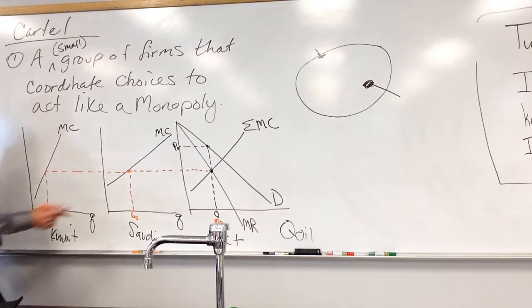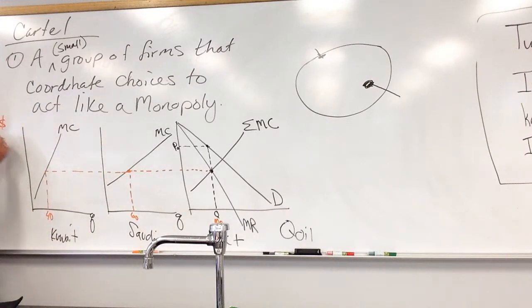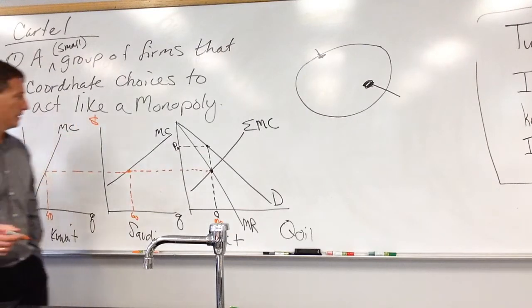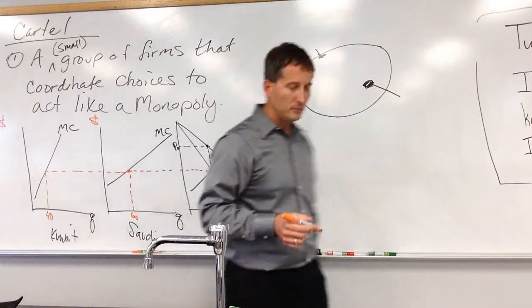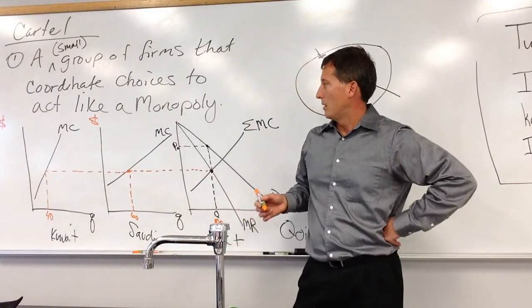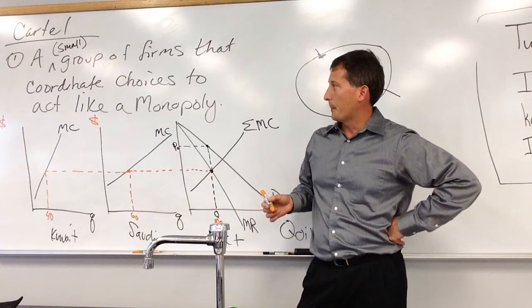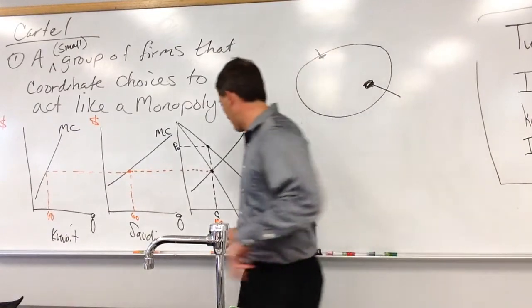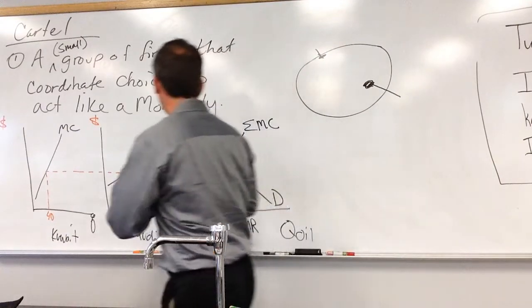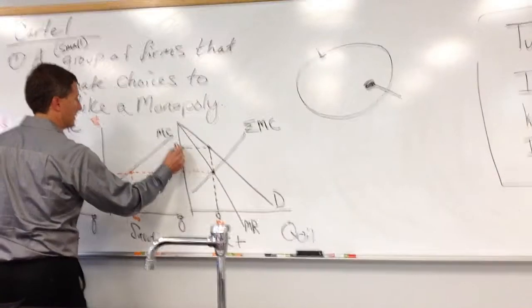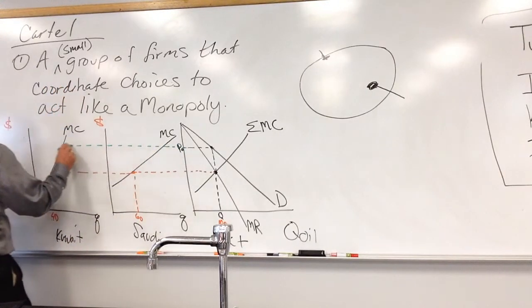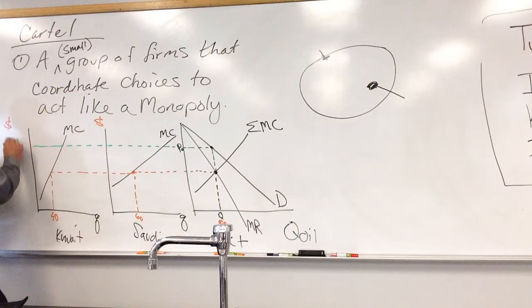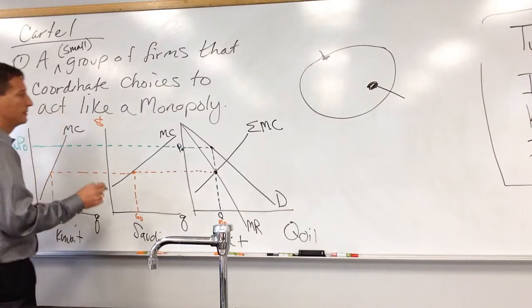So the production of oil is allocated to each country according to its marginal cost. The world price of oil stays up here nice and high. So this green line represents the world price of oil.